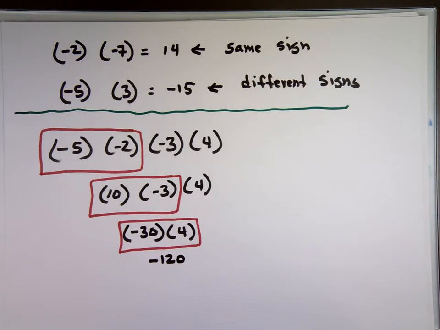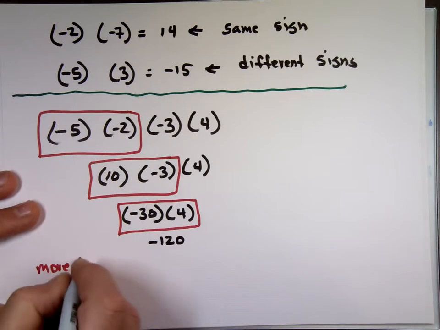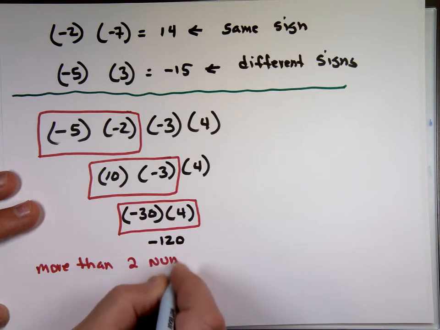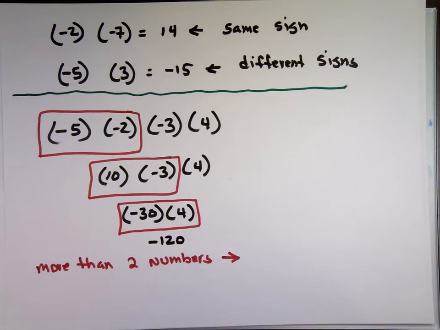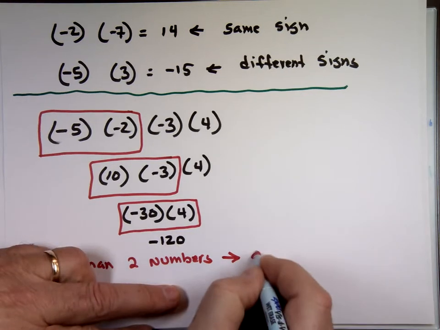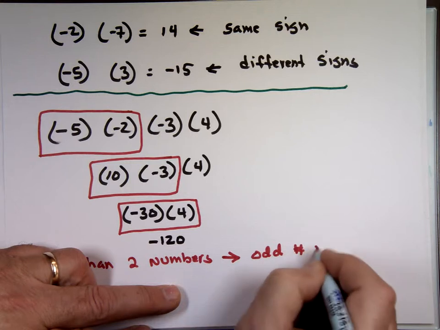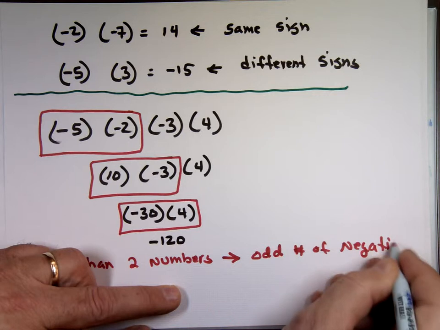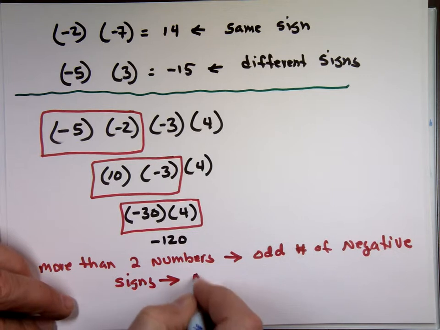So when you are multiplying more than two numbers, here's what's going to happen. If you have an odd number of negative signs, the result will always be negative.